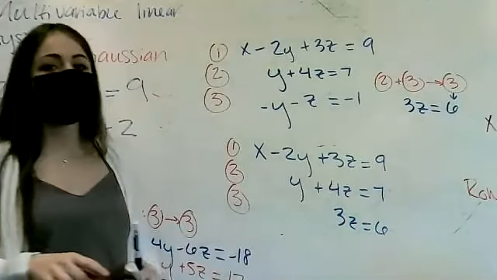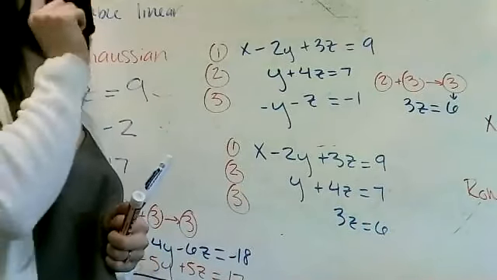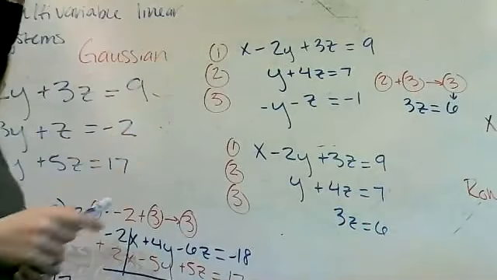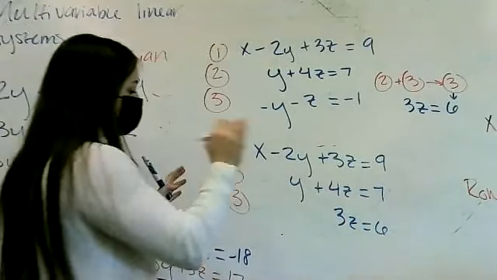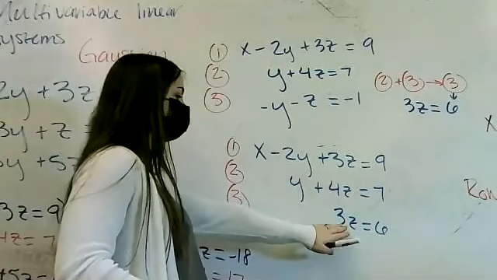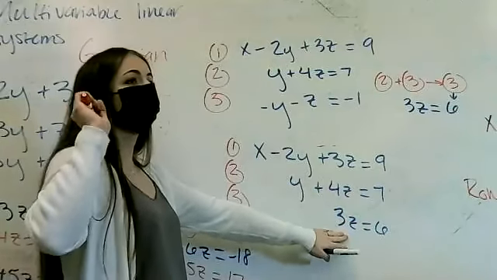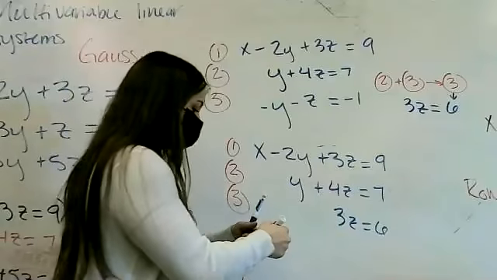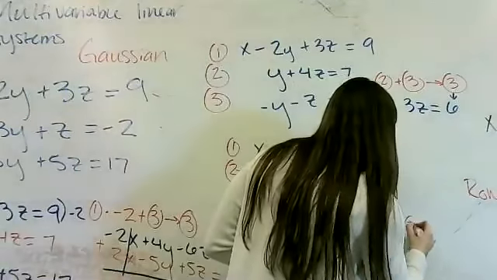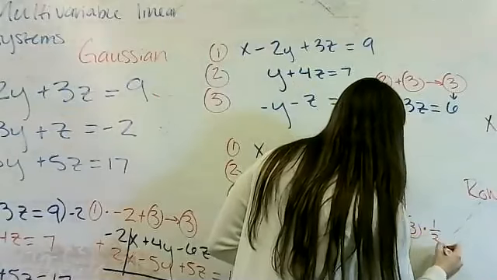One important note is that you can manipulate just one equation at a time. So this time, to get this into reduced row echelon form, I want this to be a coefficient of 1. So I have to divide by 3. So I'm going to take equation 3. I like to multiply by fractions instead.